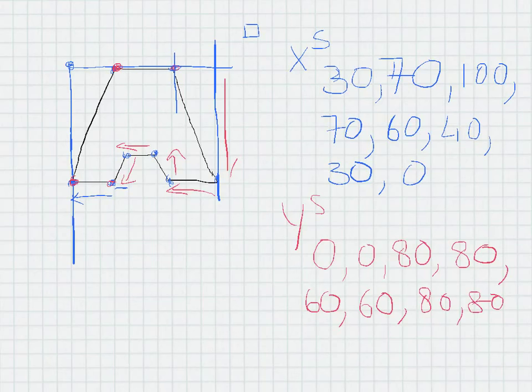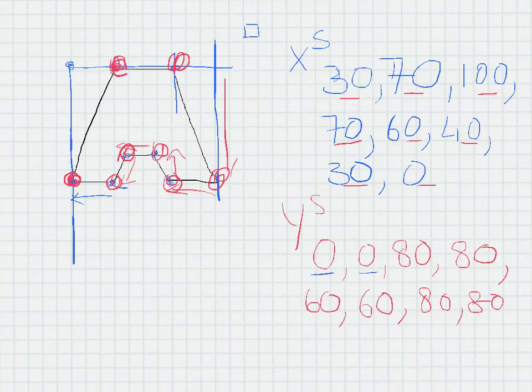Okay, so just to quickly check, I've got how many points in total? I've got 1, 2, 3, 4, 5, 6, 7, 8. So I need to check that I've got 8 x points. 1, 2, 3, 4, 5, 6, 7, 8. And that I have 8 y points.